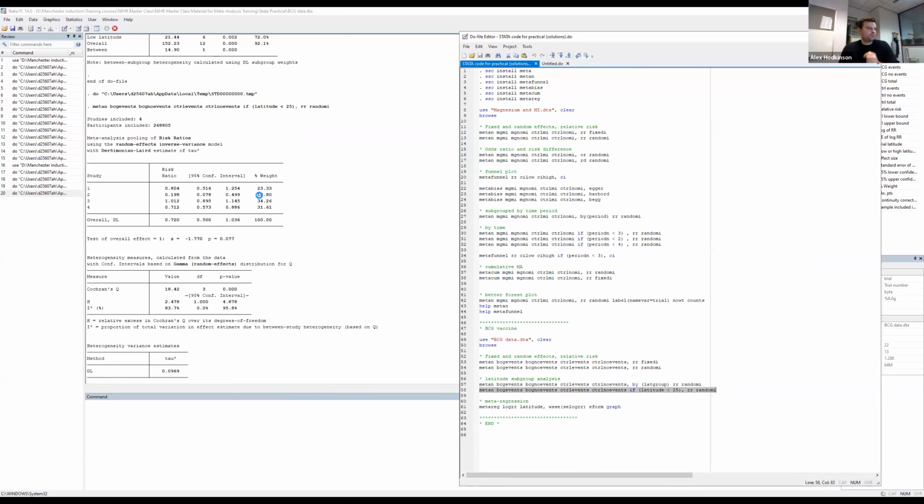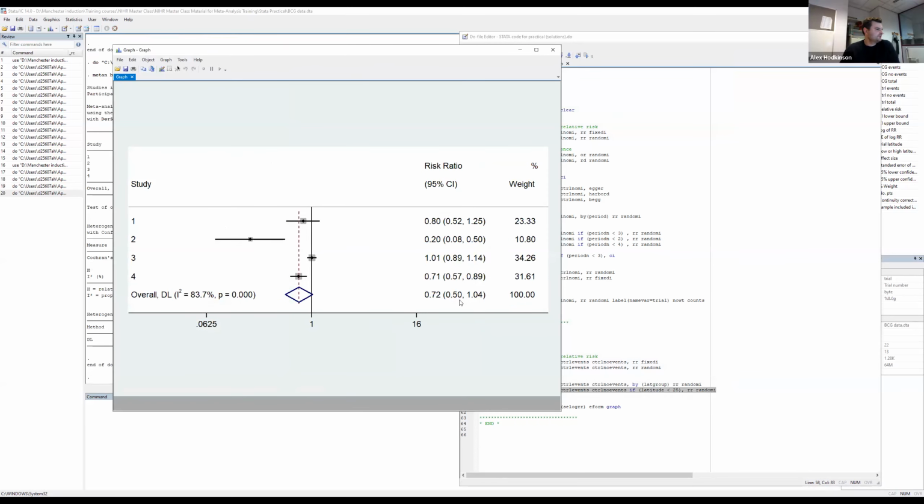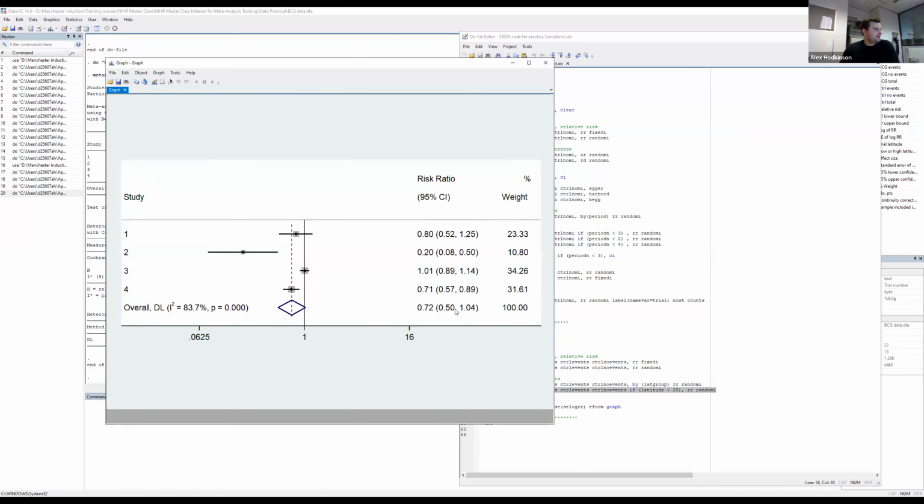So to look at the ones that are less than 25 degrees, you can see there's no statistically significant evidence here to show that there is any significant reduction in the risk of tuberculosis infection. I can't remember the specific studies in this example, but it may be dependent on a country by country basis how they perform.